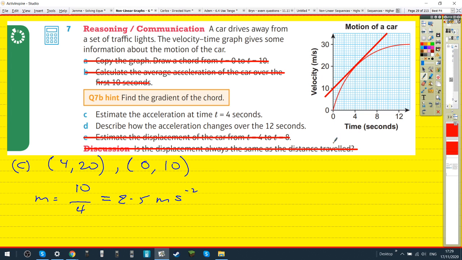And D, describe. That just means in words. So how is the acceleration changing over the 12 seconds?